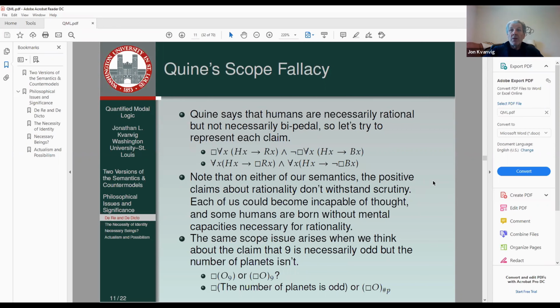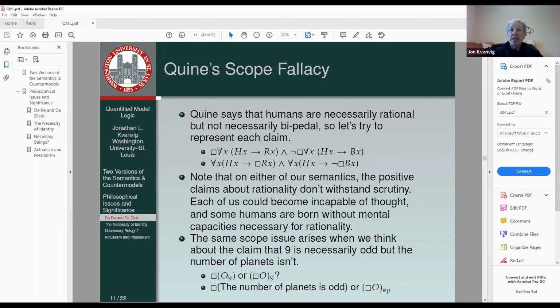Because if you remember, boxes distribute across arrows. That's called the distribution axiom. So if you had box, parentheses, P arrow Q, you could infer from that box P arrow box Q.